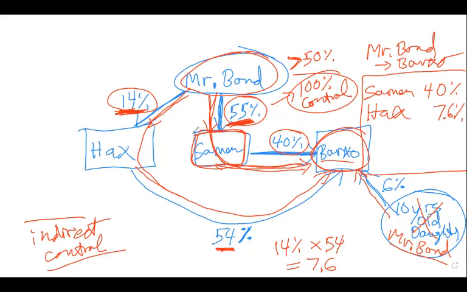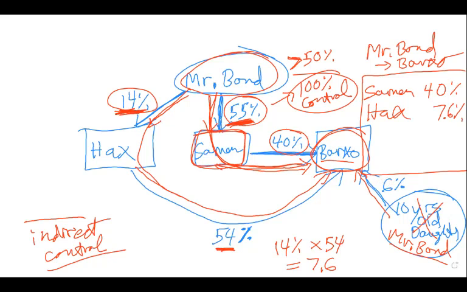But if he controls Sarnen and Barkso, then those two will be associated. So we're trying to figure out where Mr. Bond stands with Barkso. Now, the other piece that's going to come in here is the daughter.